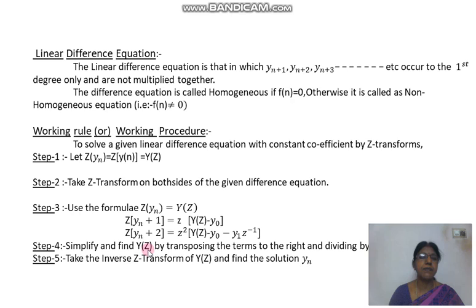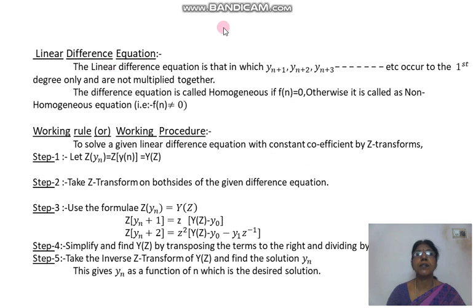After finding y of z, take the Z inverse on both sides to get the solution y of n. This y of n, a function of n, is nothing but the desired solution. These are the steps in the solution of a linear difference equation.